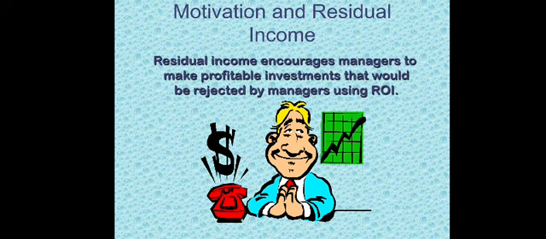So in this lecture 1, I have explained to you two methods that can be used to evaluate a division or a department, and also to evaluate the performance of the manager of that division or department. The methods that can be used are ROI and RI.